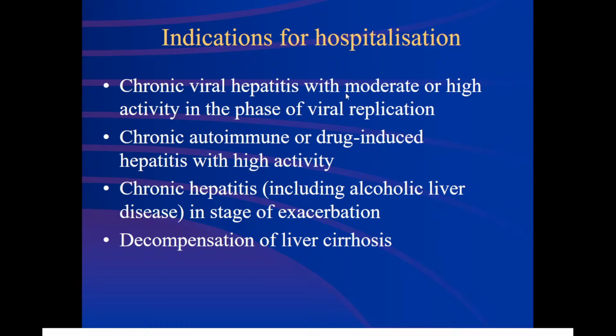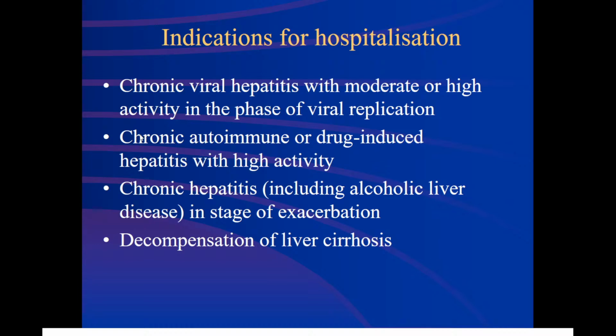In this case, it is better to hospitalize the patient for more thorough investigations and maybe for a change of treatment. Maybe the treatment doesn't work properly and the patient needs more medicine.